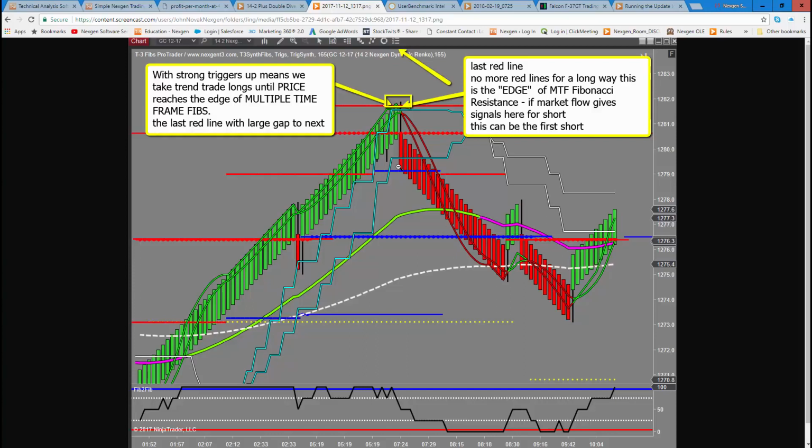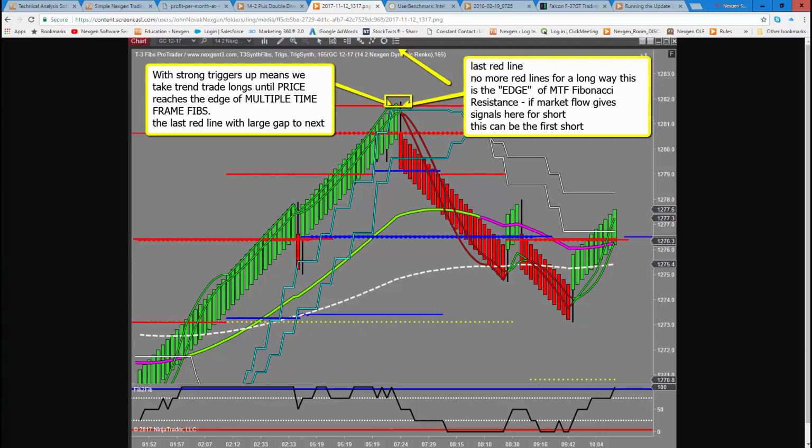So for example, if you get to the first red line, you're like, we could still do a long trade. Second red line, okay, we can do a long trade. When you reach the final red line before there's a big gap, that's what we call the edge of Fibonacci resistance.